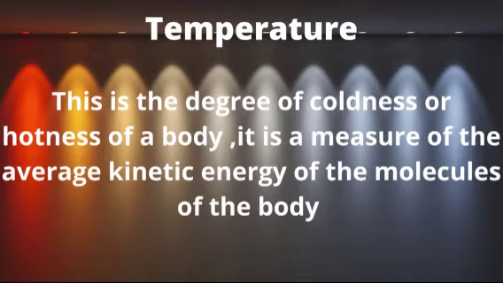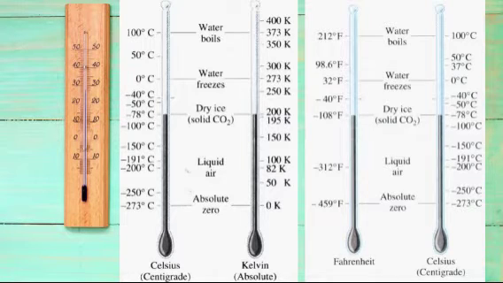And then we now go to temperature. Temperature is the degree of coldness or hotness of a body. It is a measure of the average kinetic energy of the molecules of the body. Temperature measures that kinetic energy, and it is measured in degrees Celsius, degrees Fahrenheit, or Kelvin, which is the absolute temperature scale.